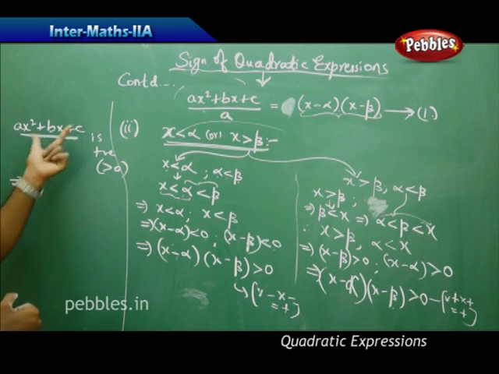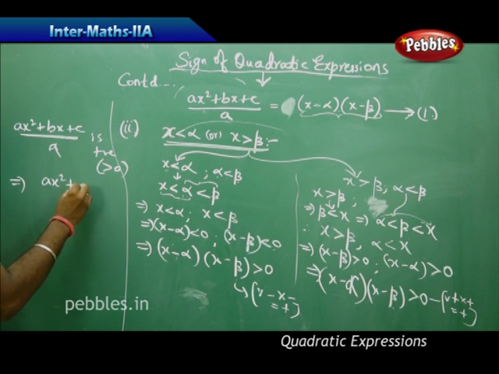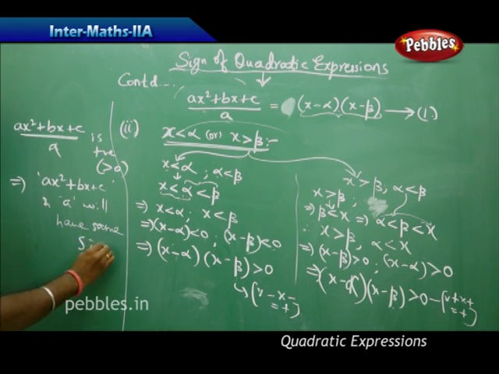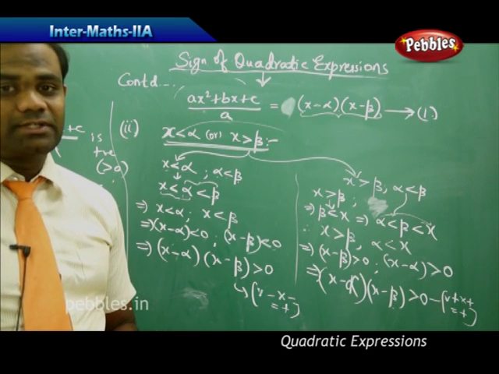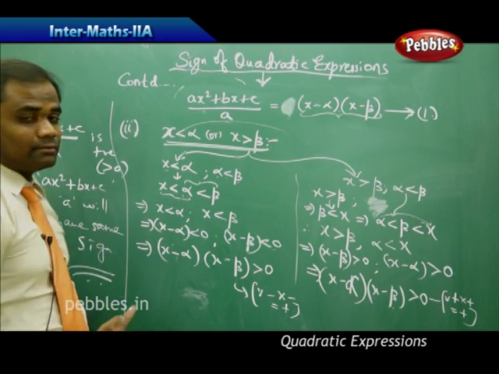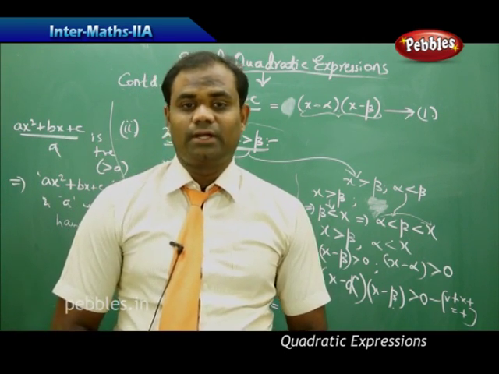We cannot have one plus, one minus, or one minus and one plus. The possibility of this being positive implies the expression and a will have the same sign, is how we understand the quadratic expressions with change of signs. So for case 2 they have the same sign, and for case 1 they have opposite signs, is how we understand.